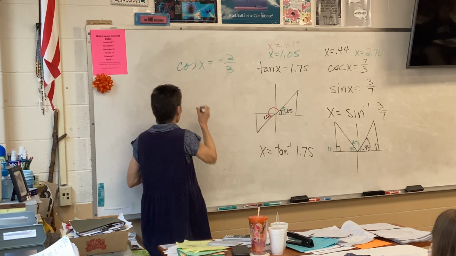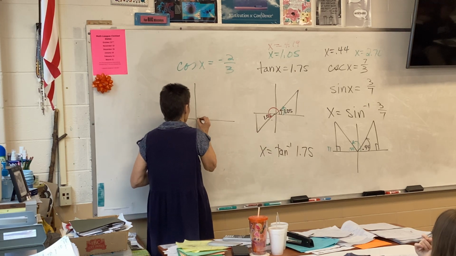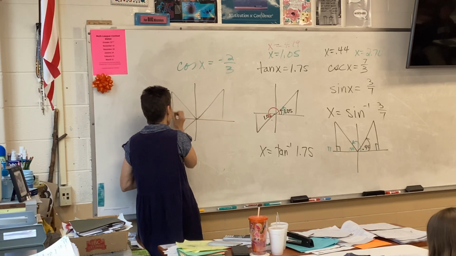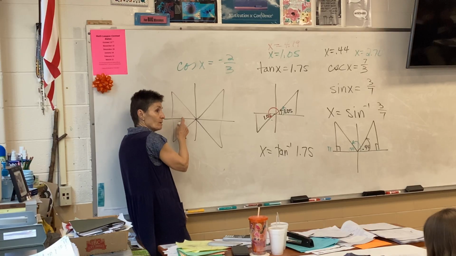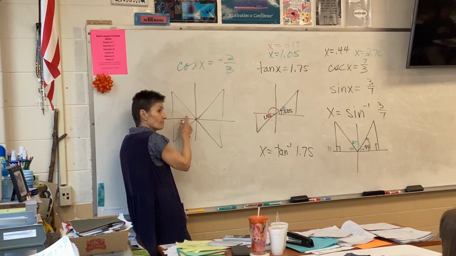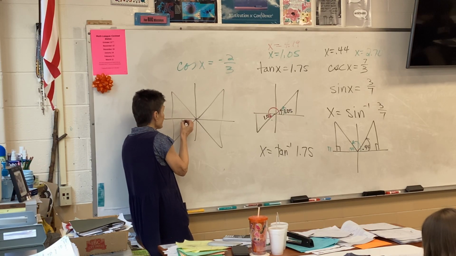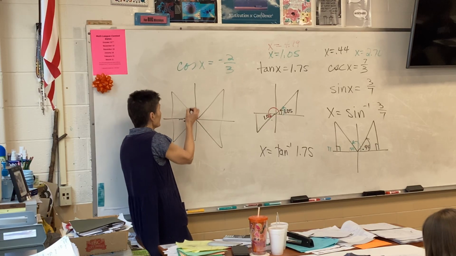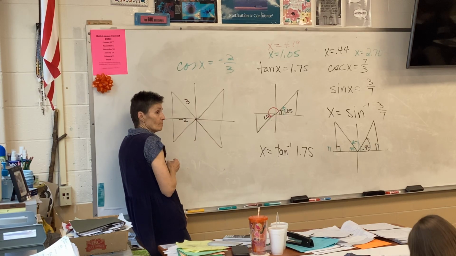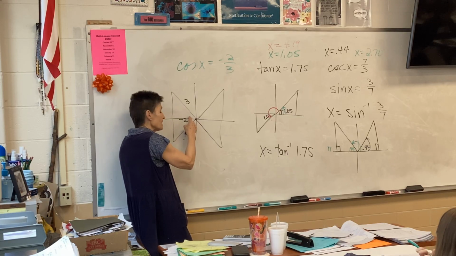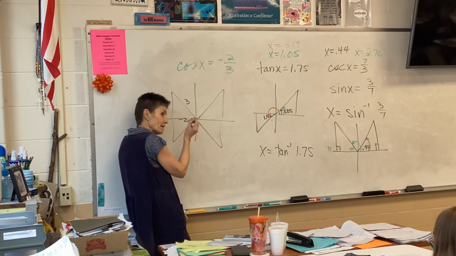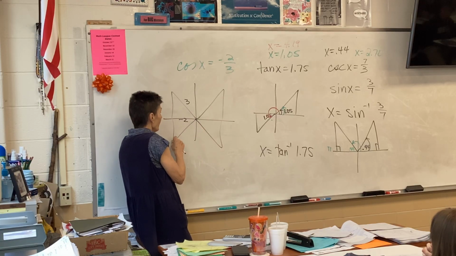Where is the cosine in my butterfly bow tie? Where will the adjacent be negative? 2 and 3. Right here. Would everybody agree with that? So this is negative 2, and that's 3. Now, you don't need to label the other one because these two angles are always going to match. That's up to you. This is where my two answers are going to be.